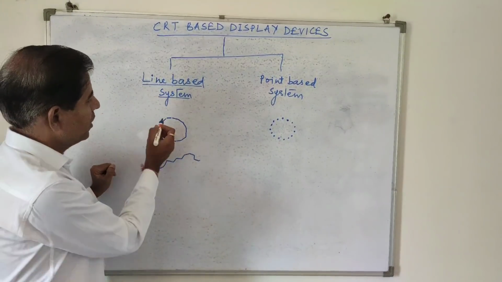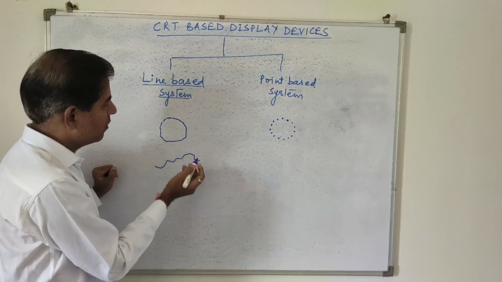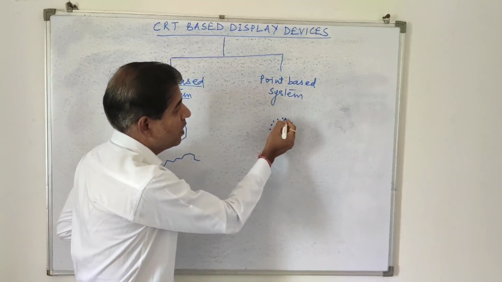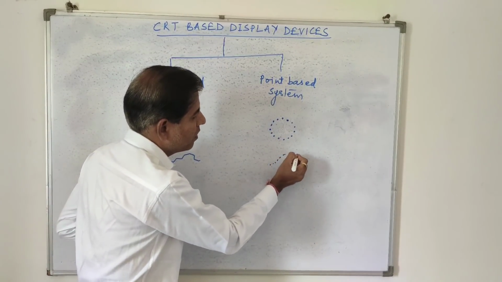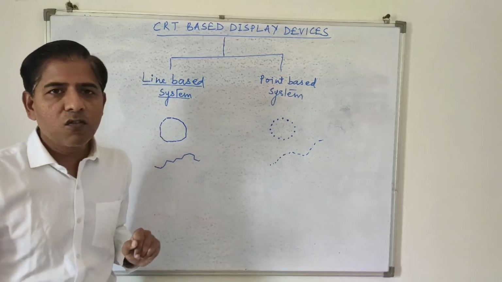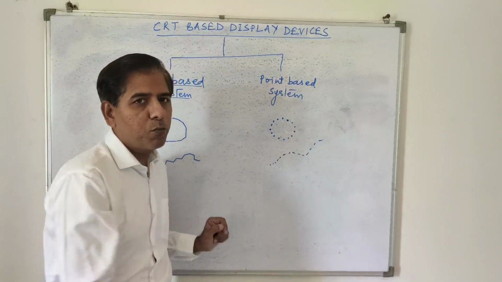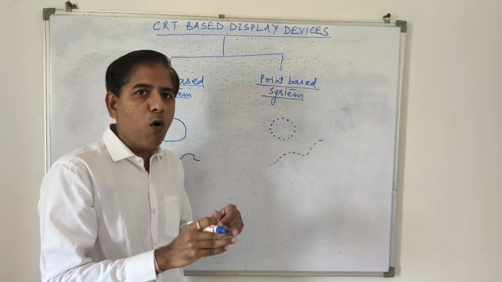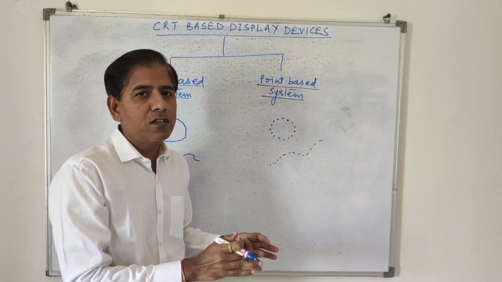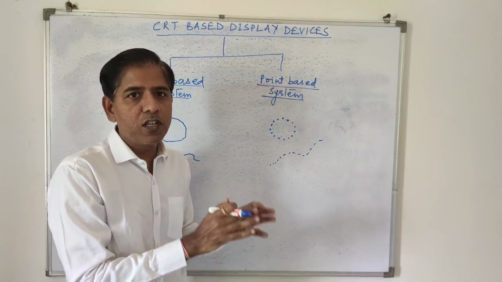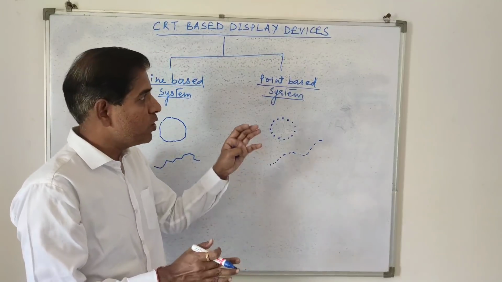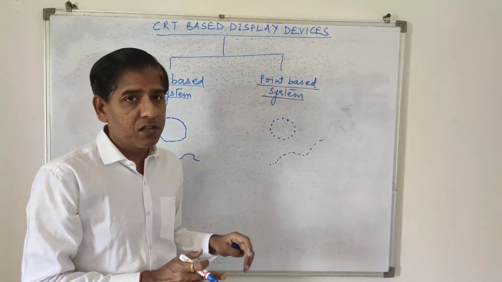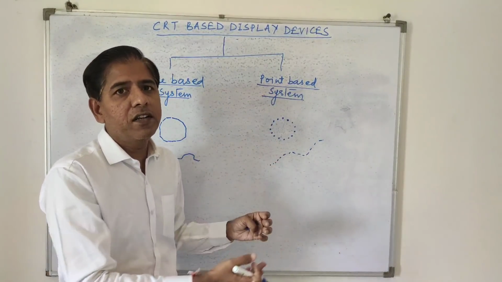In line based system, any circle or curve is made up of small lines, and in point based system any circle or curve is a combination of points. Now this point based system is the mother of all the new advanced display devices. All the modern display devices are point based systems. I will explain how later.